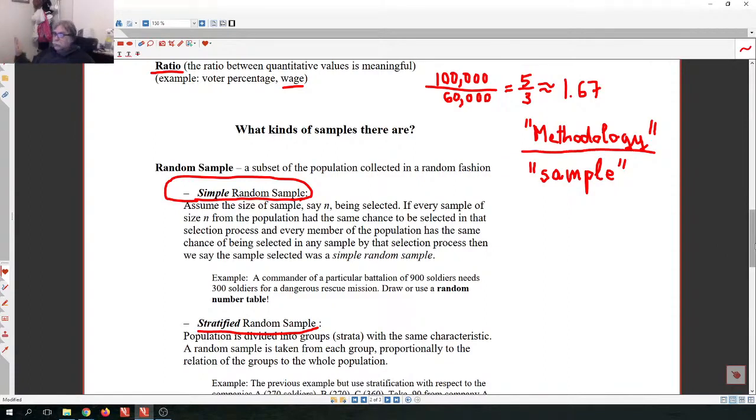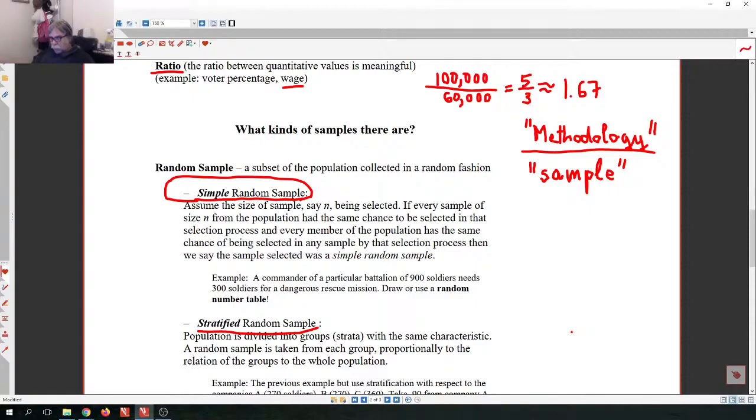For example, by some stroke of luck or coincidence, you could end up with a sample made out of the first 300 people on a roll in alphabetic order, right? It's possible, but we don't expect that this kind of collection would be worse than the other four that I just mentioned.